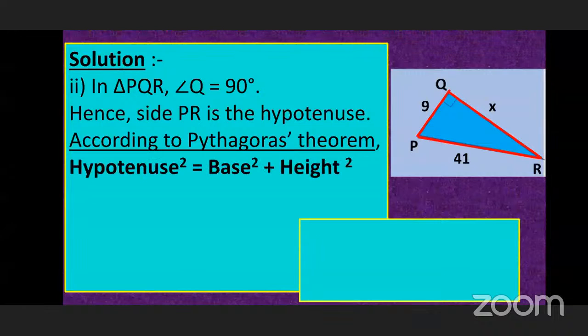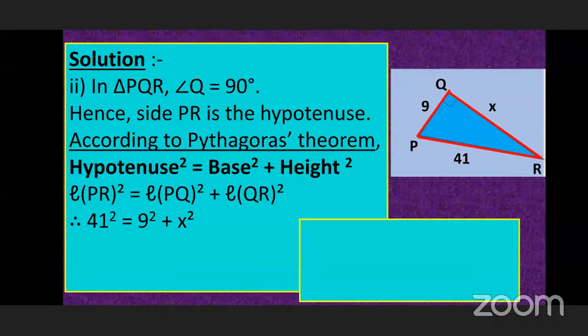Hypotenuse square equals base square plus height square. Now, what is the hypotenuse here? PR, 41. First, we will write the names of the sides and then we will substitute the values. The hypotenuse is PR, the base is PQ and the height is QR.